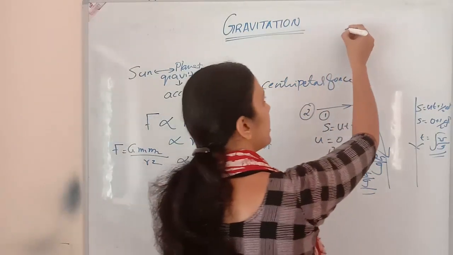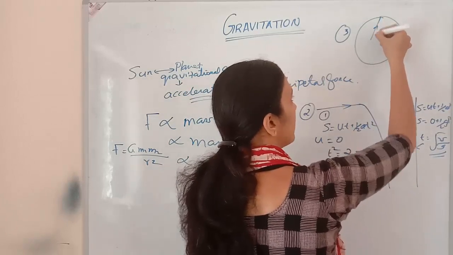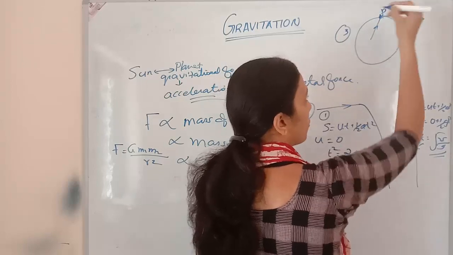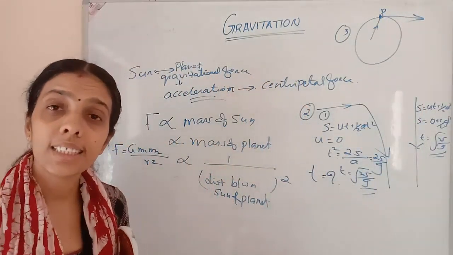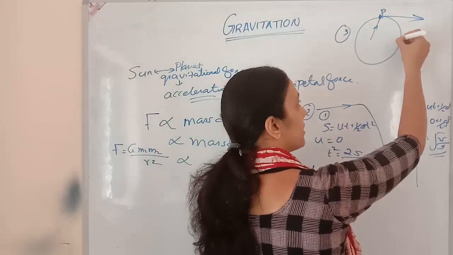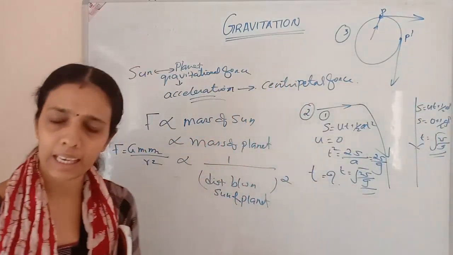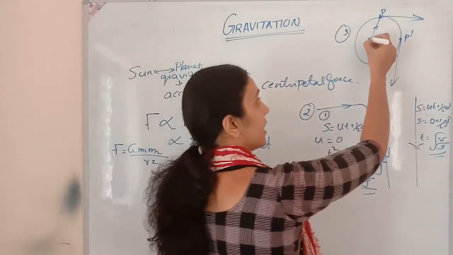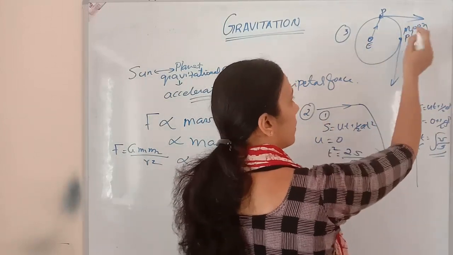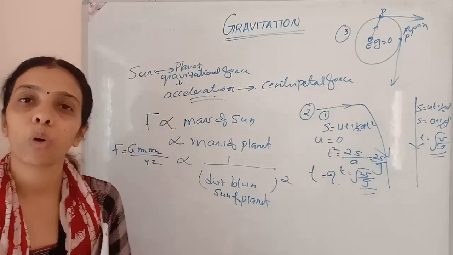If this is the circular path and I leave the stone at this point P, then it will start moving tangent to that circular path. If I leave the stone at this point P dash, it will move along this tangential path. In the same way, this is the earth and this is the moon, and if the gravity is suddenly equal to 0 at this point, what will happen?